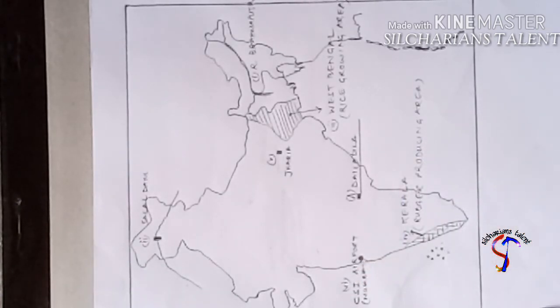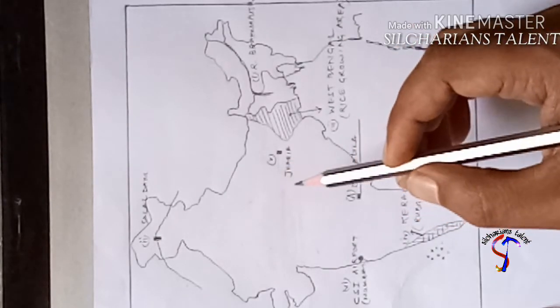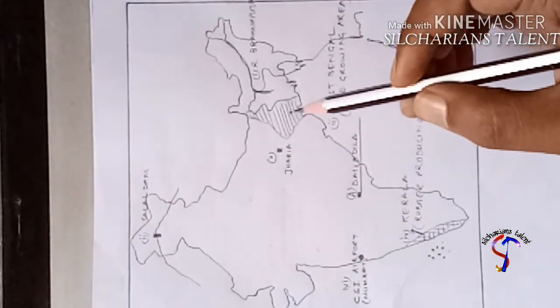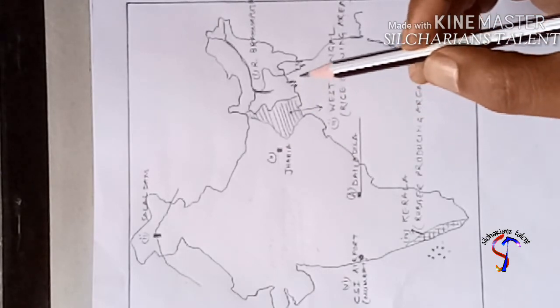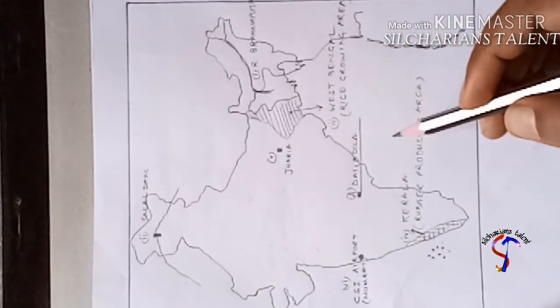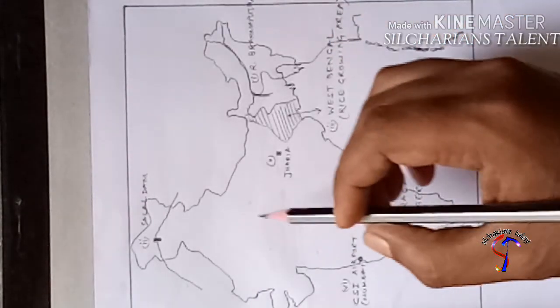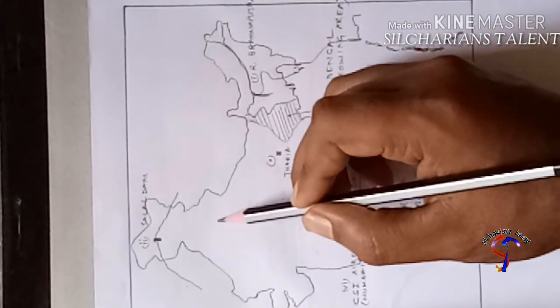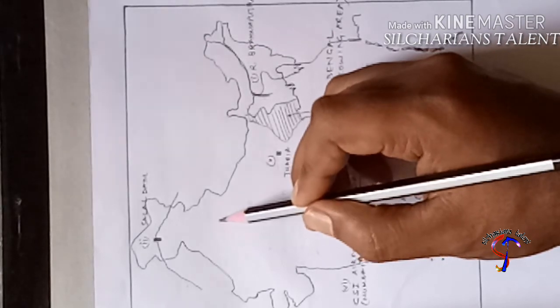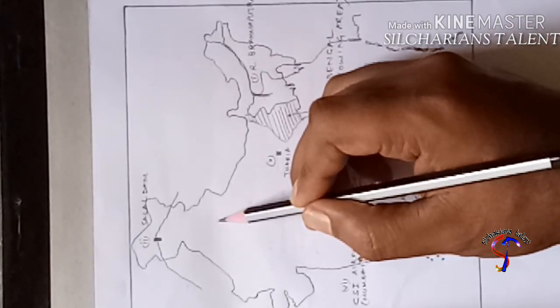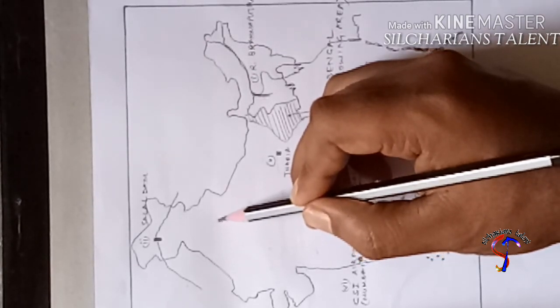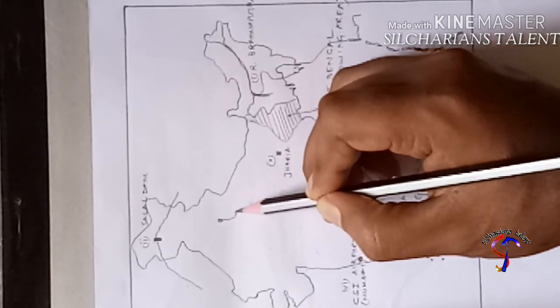This is about airports. Now for the last, sometimes you'll be asked to locate national highways. So national highway number 2, directly they'll ask you this question. National highway number 2 starts from Delhi, somewhere here, and comes in this fashion.